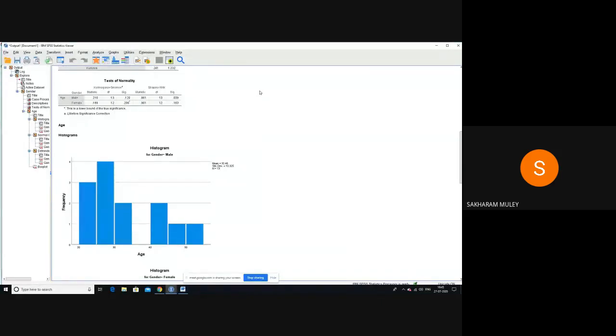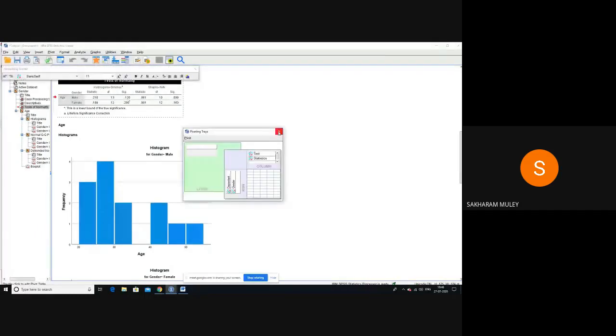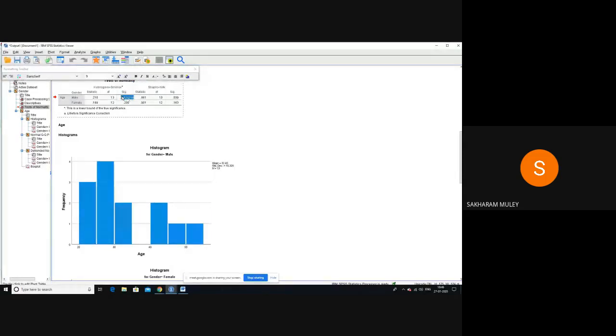Now the testing procedure: at 5% level of significance, this is the p-value, the significance value, 0.120.